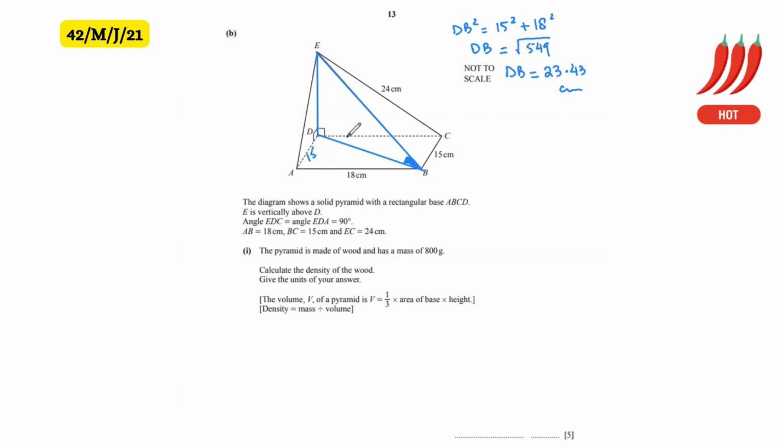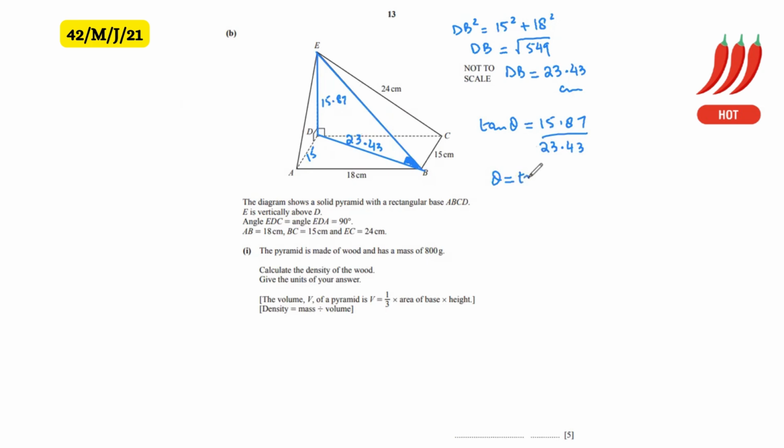So now we have this. We already have the length of ED, which was 15.87. So for the angle, we use tan. Tan theta equals to 15.87, which is the opposite, divided by the adjacent, 23.43.